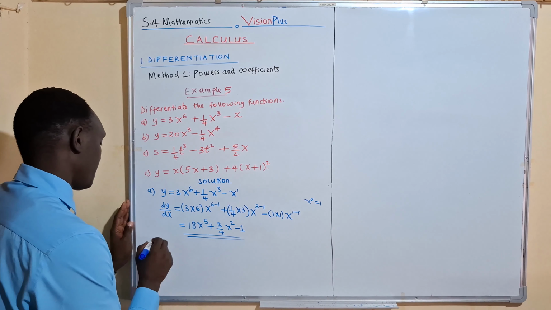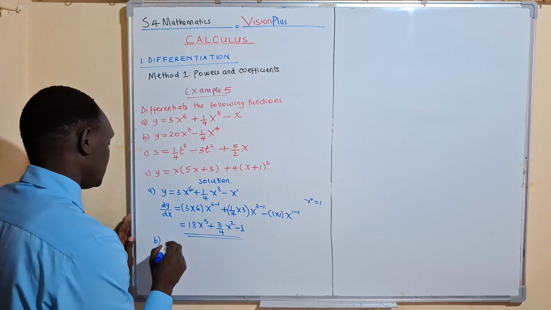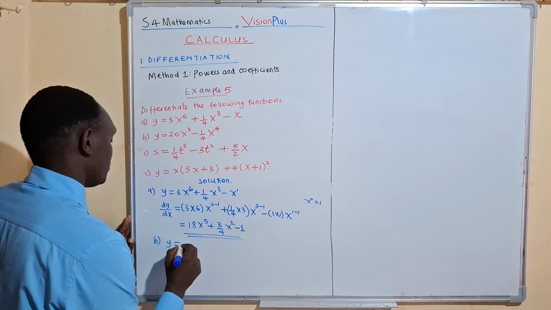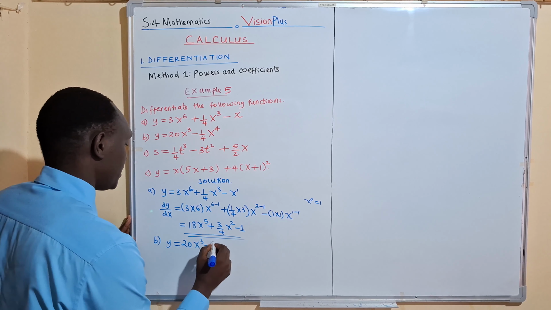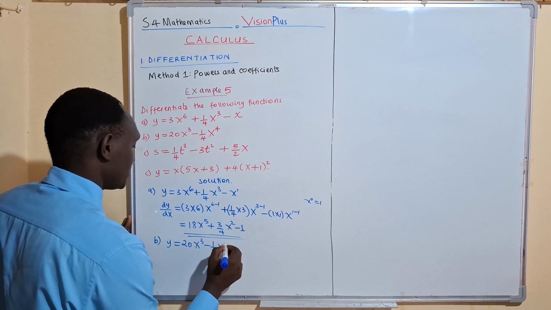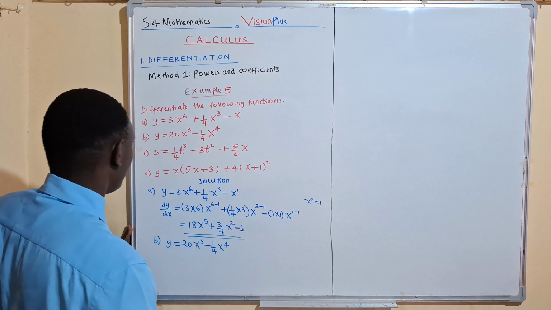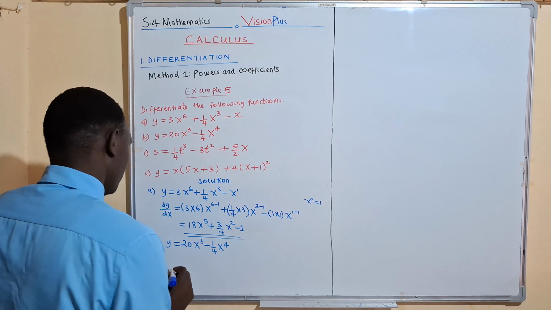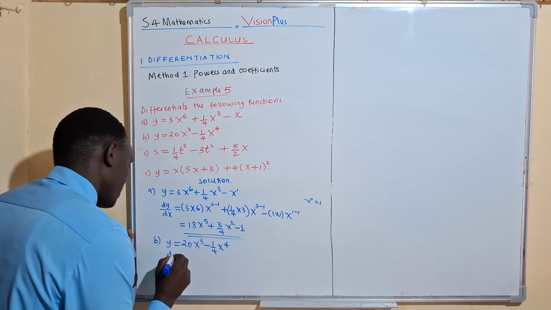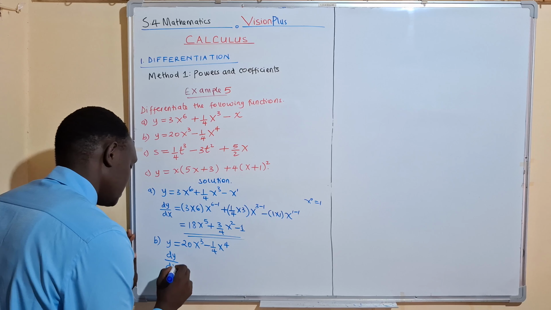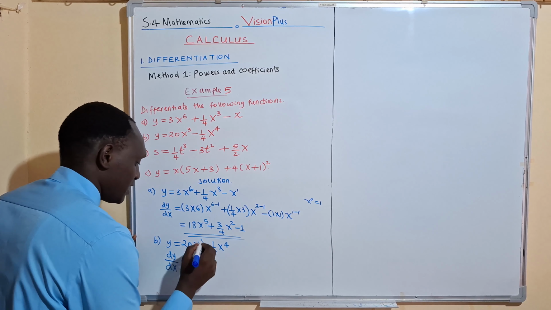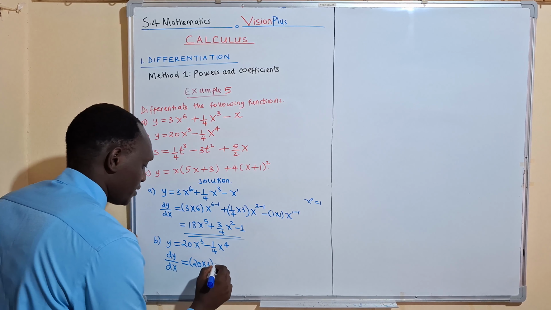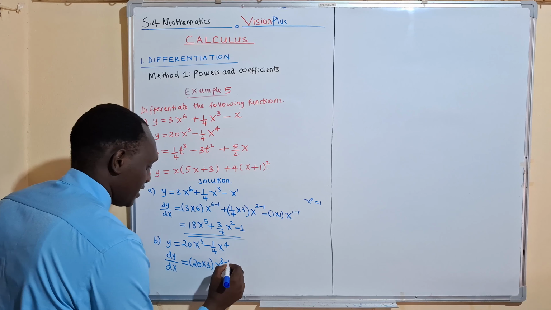Going to part B. Part B has given us y equals 20x cubed minus 1 out of 4 x^4. What do we do here? We are going to say differentiating y with respect to x will give us 20 times 3. We shall have x power 3 minus 1.